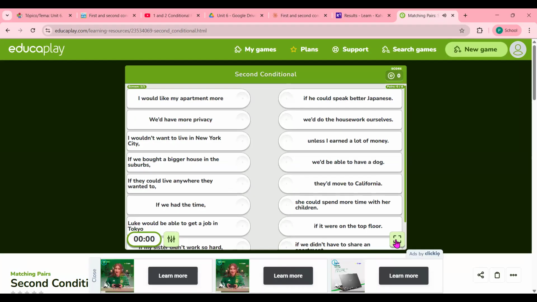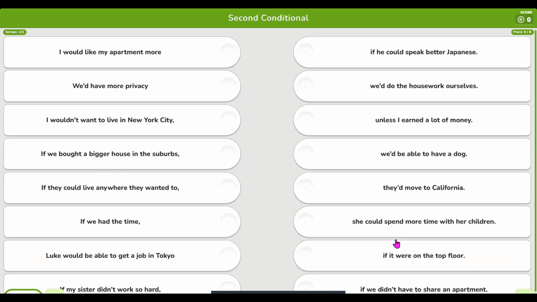These are unreal conditions and imaginary results. Example. This is the imaginary result.